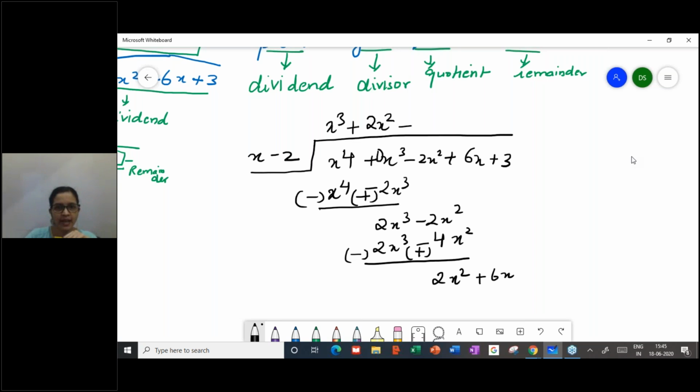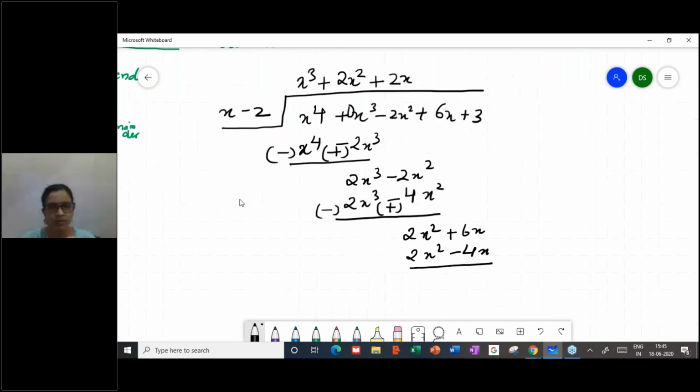For 2x square, I need to multiply with 2x. So 2x square, this is going to be minus 4x. Let me just move the screen a bit. Okay, I'm going to do a sign change here. This term gets cancelled. You are left with 6 and 4, 10x plus 3.